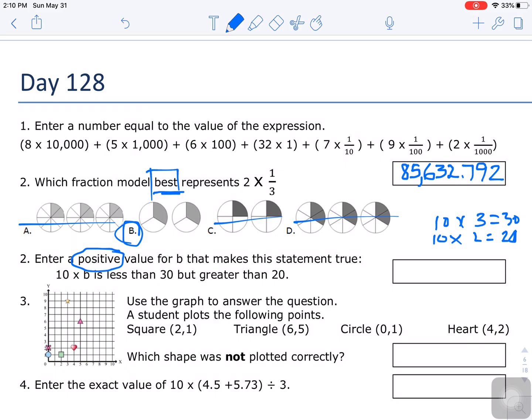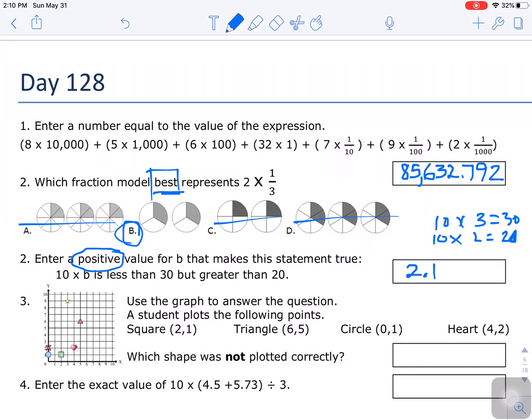So what we're looking for is an answer that's between 20 and 30. So it would be 10 times 2 and something. It has to be more than 2, but less than 3. I'm just going to put 2.1. And there you have it.